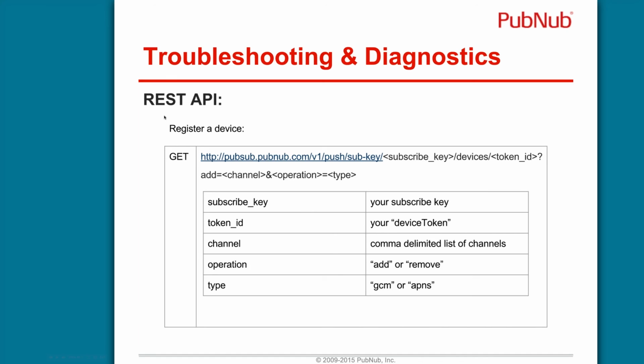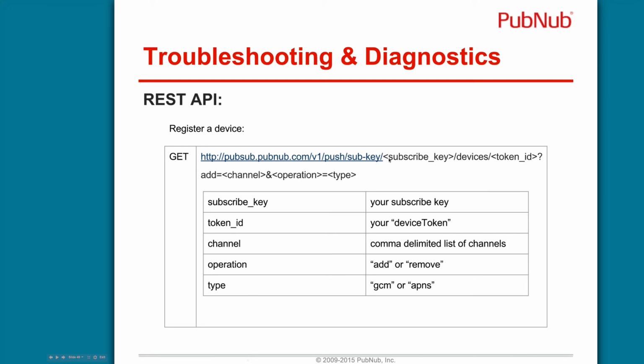You can register a device using this particular REST API, and it's probably a little difficult to follow it on a slide like this, so I'm not going to spend a whole lot of time trying to go through the path, but there are some options and arguments that you pass in to this particular REST API that will add or remove a device from a given channel. That's primarily the operation that you're going to perform when telling PubNub about a particular device: adding and removing it from a channel.